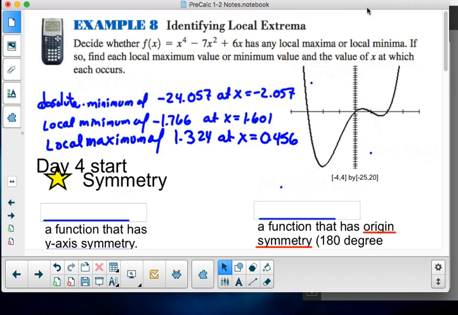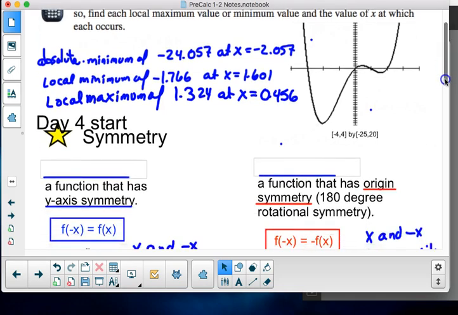If I can rotate a graph 180 degrees about the origin, which is really taking and multiplying everything in the graph by -1, that's rotation, okay? I get to recognize I have an odd symmetry. If I can have a graph cut in half by the y-axis, that's an even symmetry.